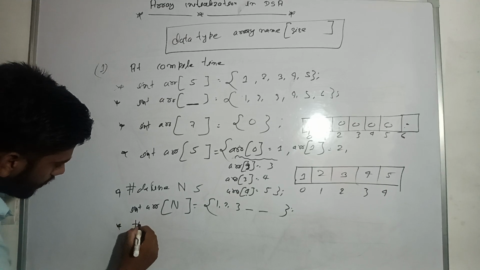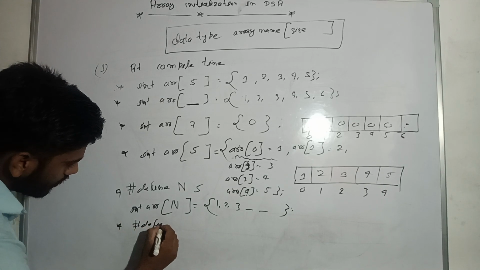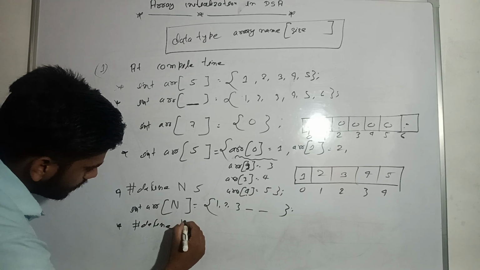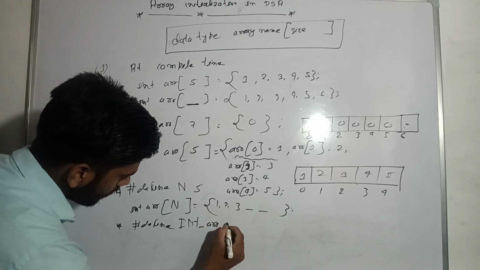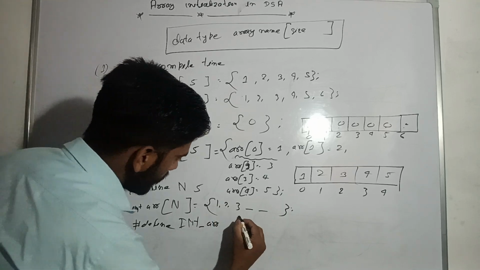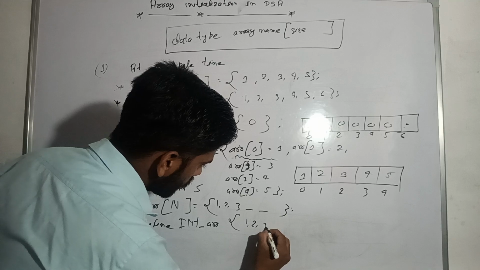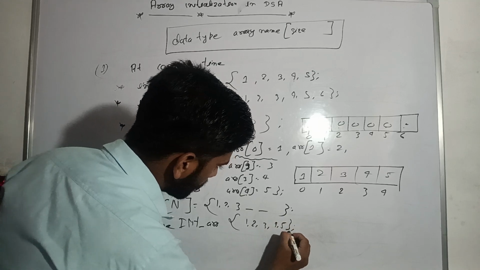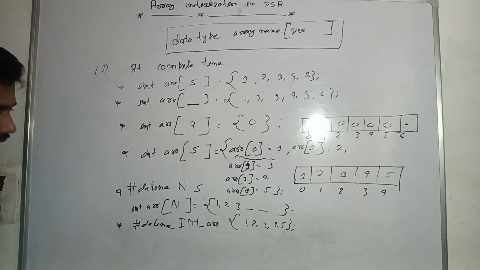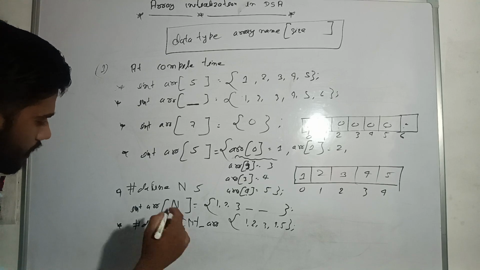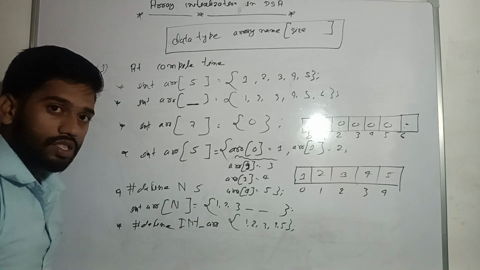Another way is to directly define it with #define and an int array, where we declare the array 1 2 3 4 5. Now we have defined the array, and I will show the benefit of this type of initialization.